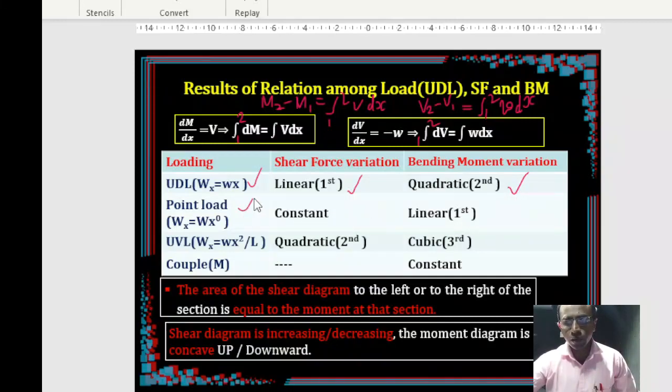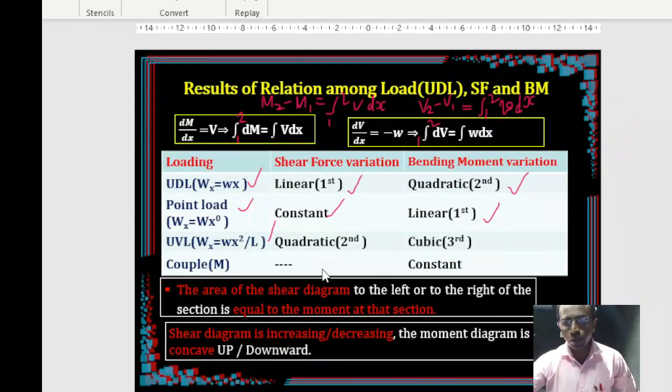If you are taking a point load, shear force is constant and the bending moment diagram varies linearly. If you are taking a uniformly varying load, shear force varies in a quadratic fashion, and the bending moment diagram varies in a cubic fashion.